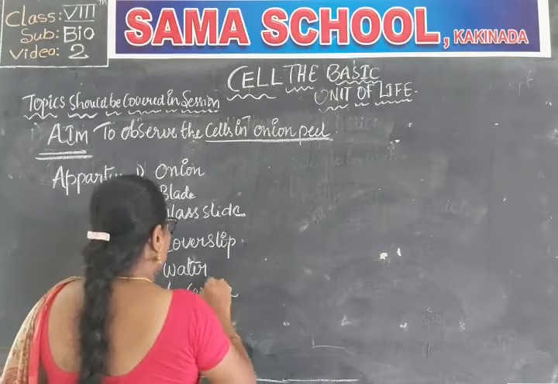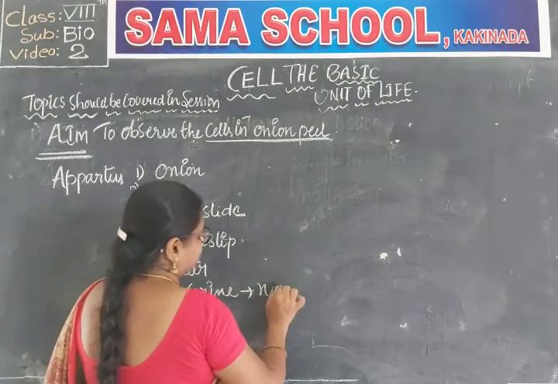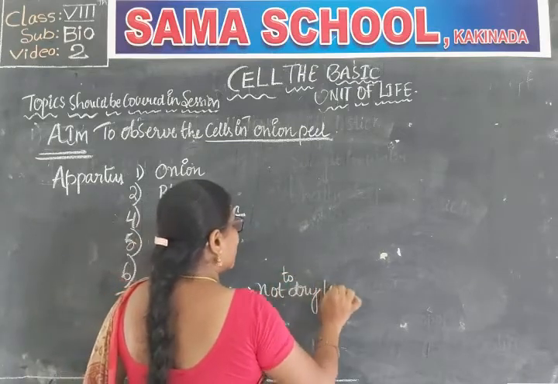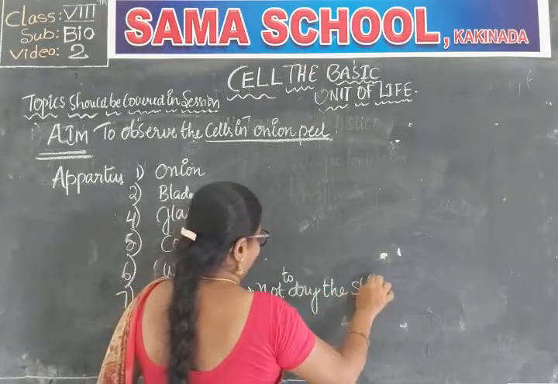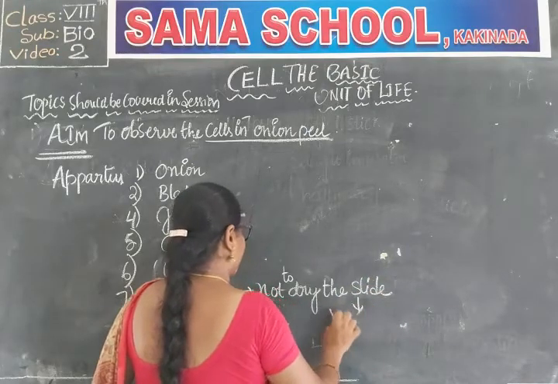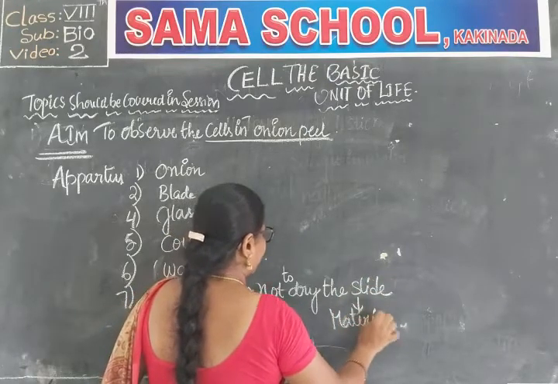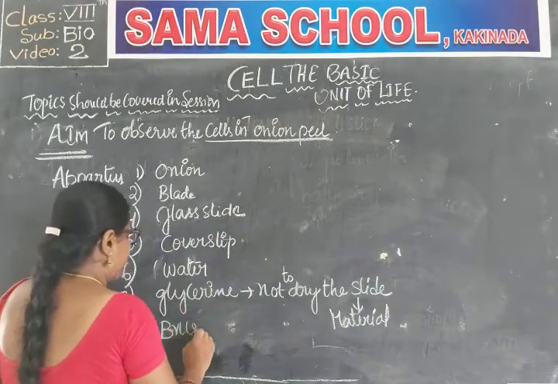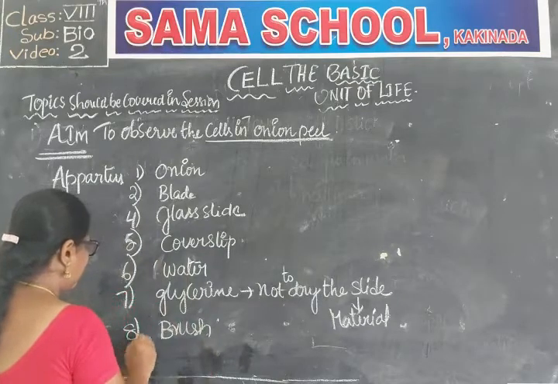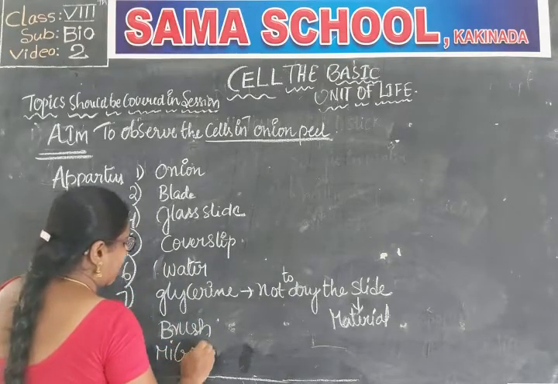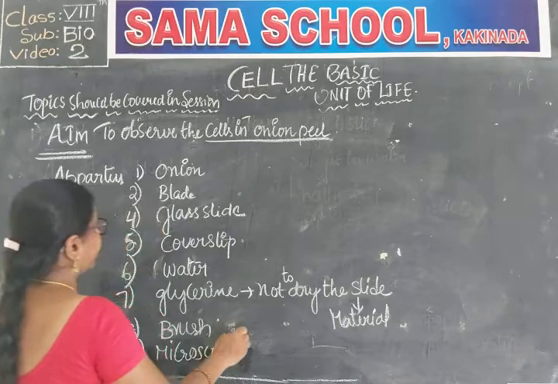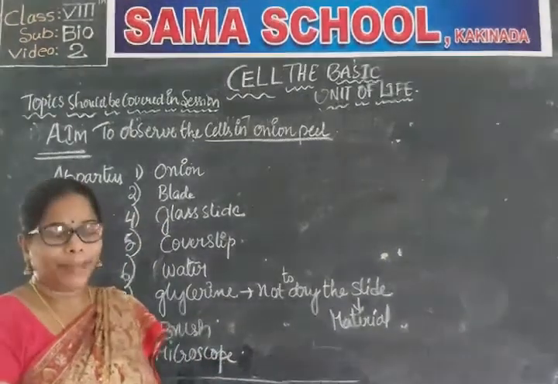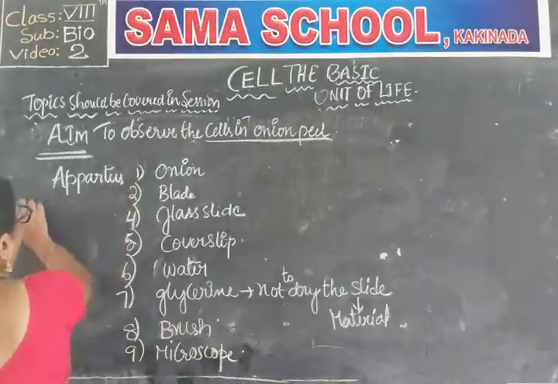This glycerin is used so that the material present in the slide does not dry. Then we need a brush to spread it uniformly. Then a microscope. So these are the apparatus required to observe the cells in the onion peel. Now next, what is our procedure?